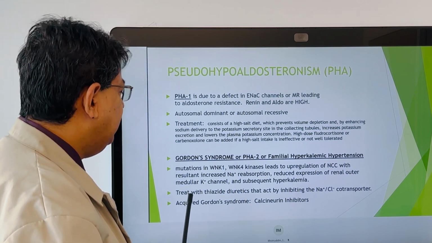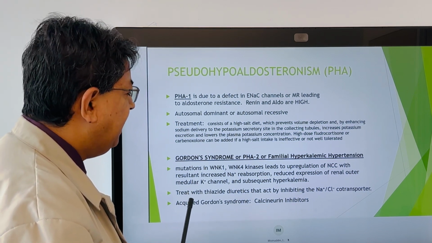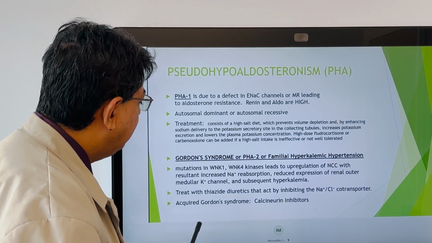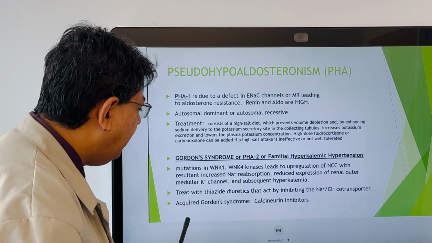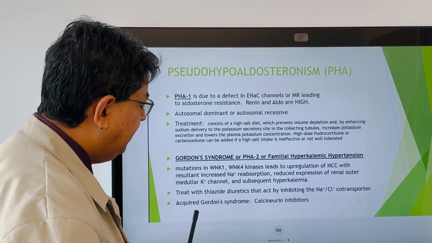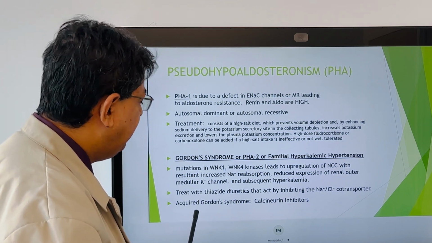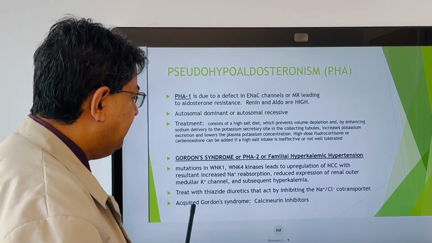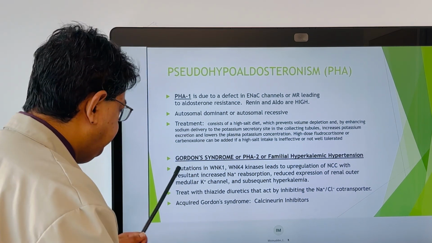The treatment is with thiazide diuretics that act by inhibiting the sodium chloride cotransporter. Gordon syndrome can be acquired, such as in the use of calcineurin inhibitors, and acquired Gordon syndrome can also be treated with thiazide diuretics.